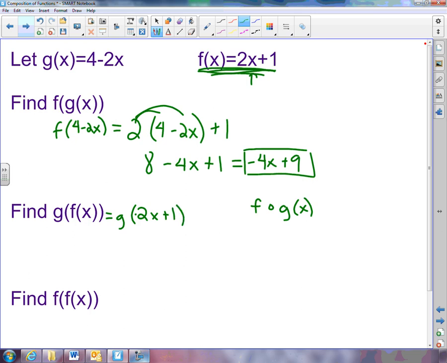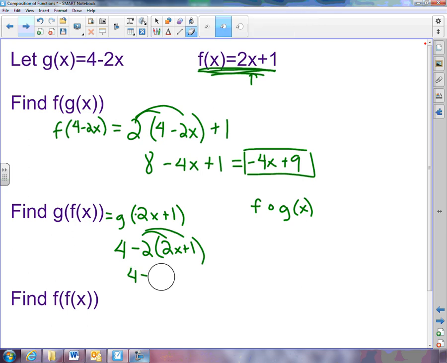Now I'm going to go ahead and actually plug it into g of x to get 4 minus 2 times 2x plus 1. I'm just going to distribute this and get 4 minus 4x minus 2. To simplify that, I just get negative 4x plus 2.